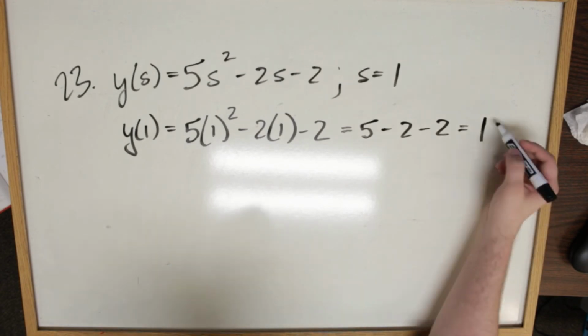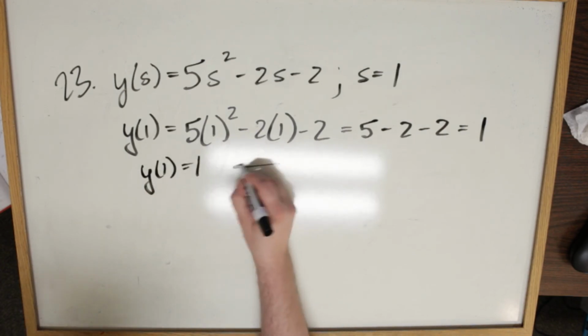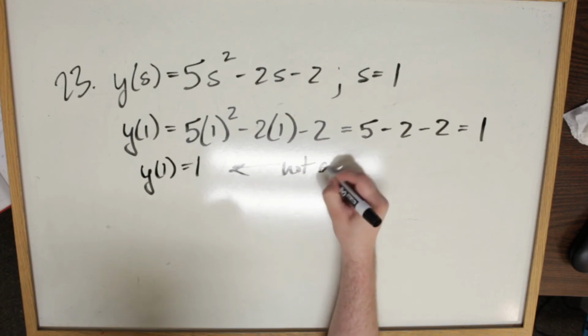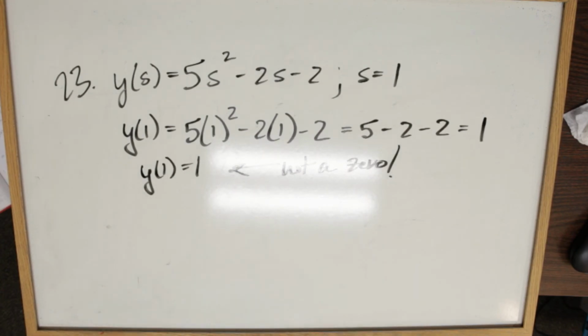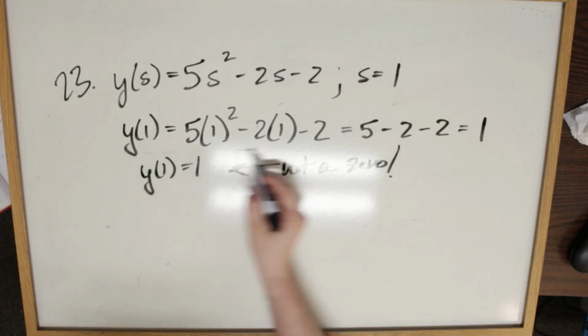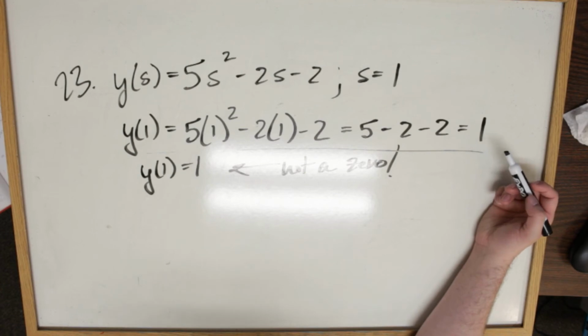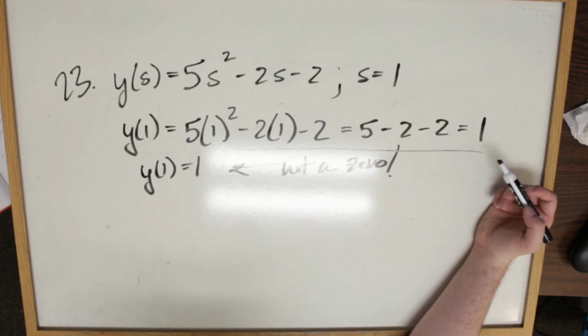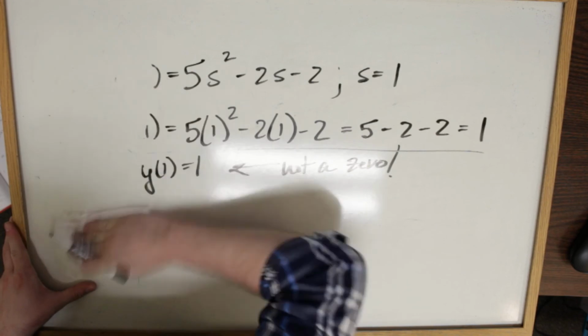Because I have y of 1 equal to 1, this is not a 0. When you go through the process of solving this, you want it to equal 0 at the end in order for it to be a 0. That's in the definition: it needs to be 0 for it to be a 0. All right, so that's 23.